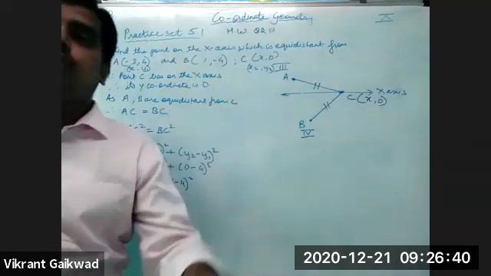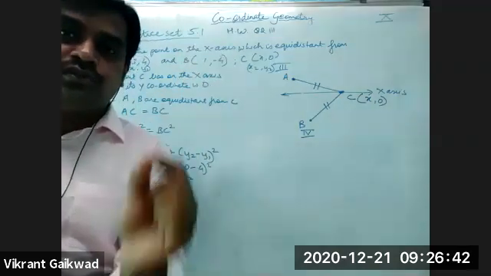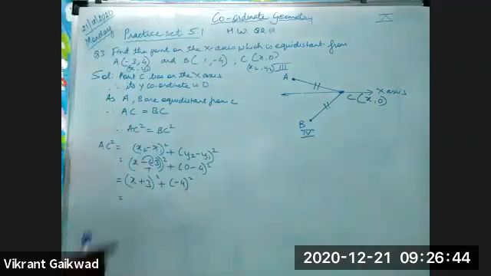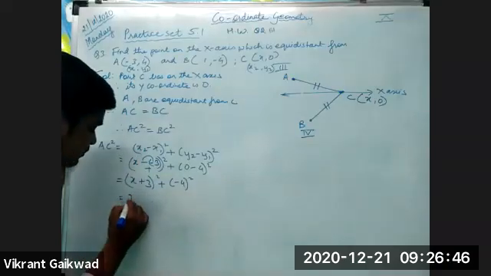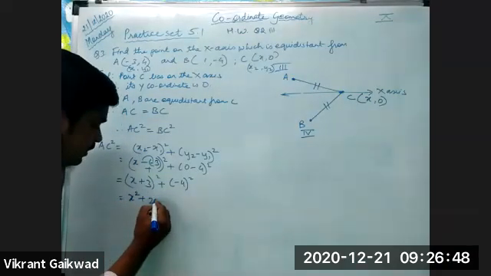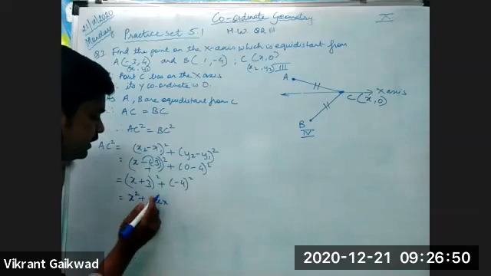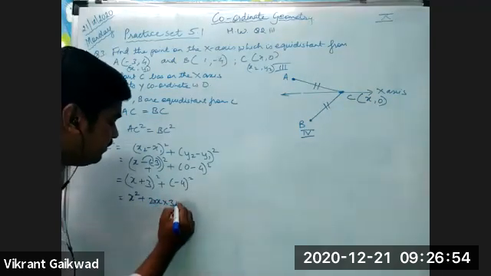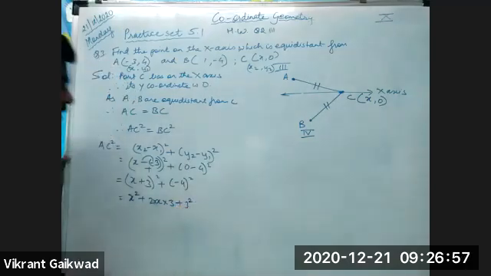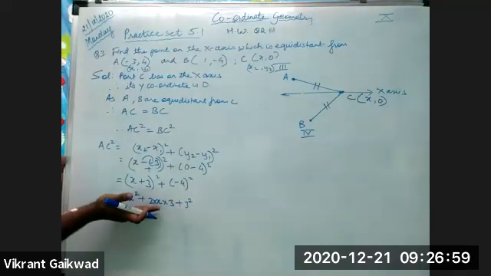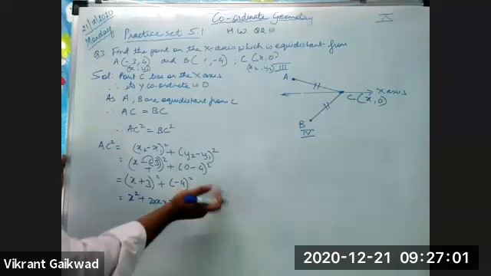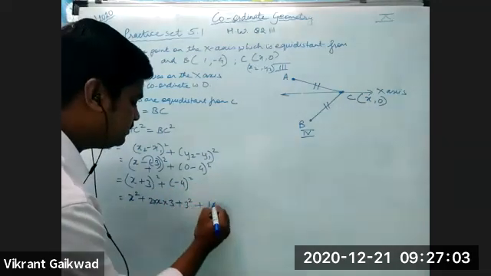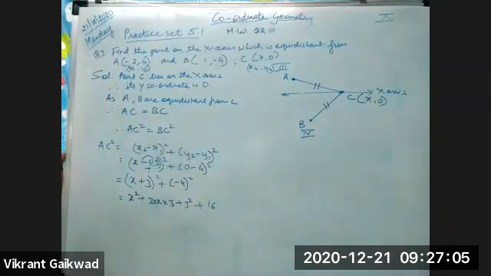So a plus b the whole square is a square plus 2ab plus b square. So x plus 3 the whole square is x square plus 2ab, means 2 into x into 3, plus 3 square. Understand? Plus minus 4 square is 16.